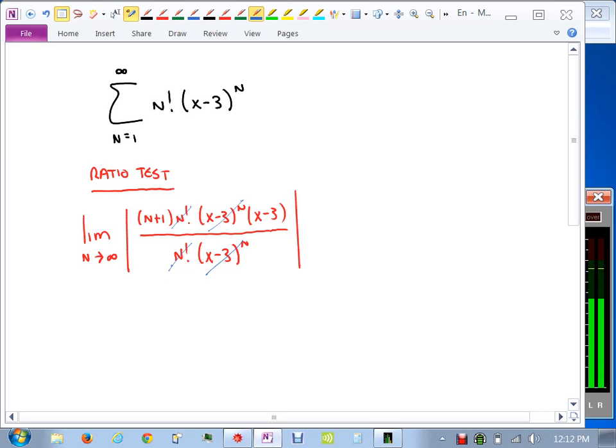Does anyone have any questions on where I got any of that? Absolute value. What are the only things left? N plus 1 and x minus 3. So I'm going to put the n plus 1 in its own parentheses and the x minus 3 in its own.